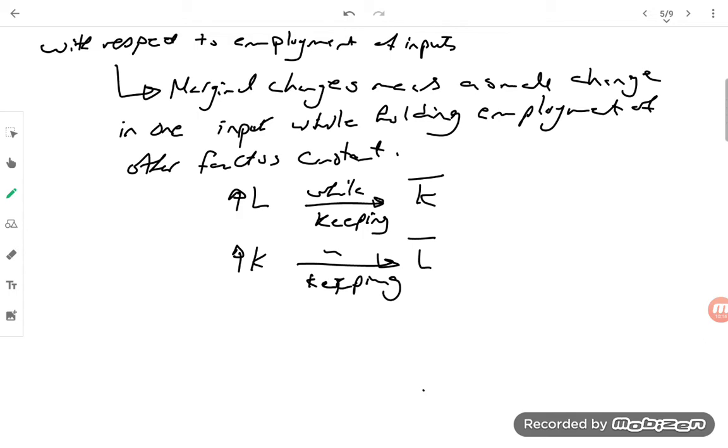What is the optimal level of output? Firms would like to identify the optimal level of output that achieves the main objective, which is profit maximization.